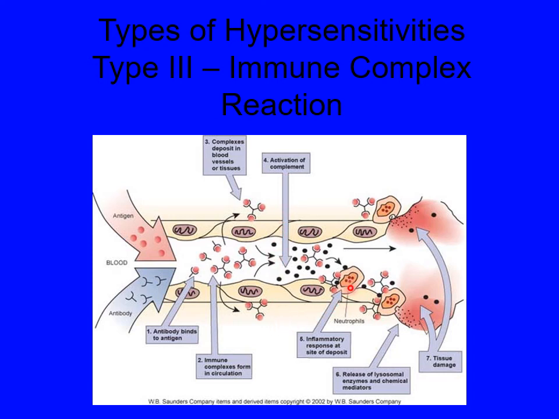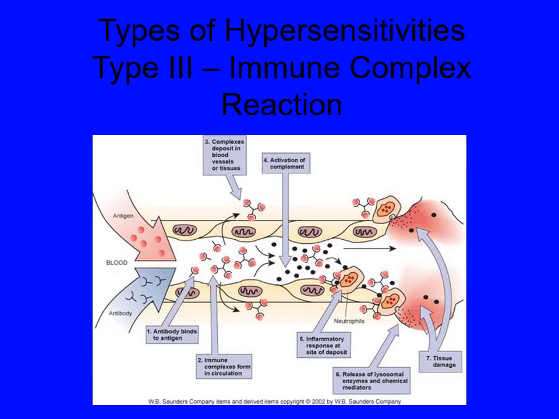And so these deposit in tissues, and the activation of complement causes an inflammation response at the site of the deposit. And then that inflammatory response causes the release of lysosomal enzymes and chemical mediators from the tissues that are infected, and this results in tissue damage.